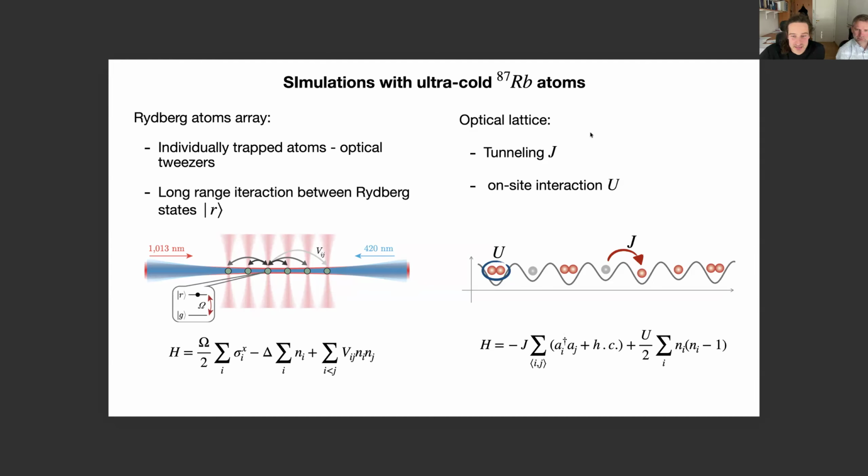In the other case, instead, they use an optical lattice, and the dynamics is described by the Bose-Hubbard model. These atoms are very cold, they go to microkelvin, and they are able to interact if they are on the same site, or to hop from one site to another. Okay, and they are trapped on the lattice.